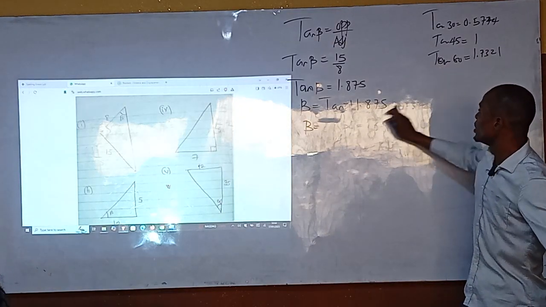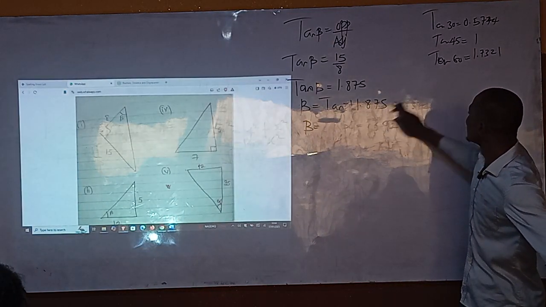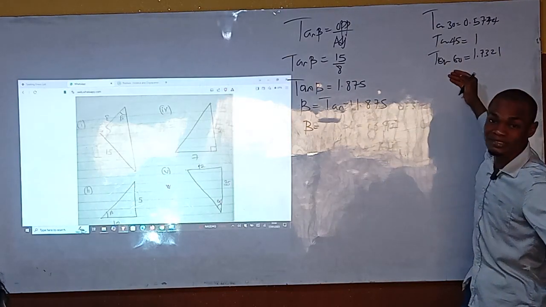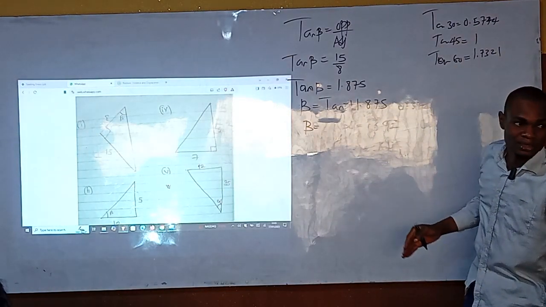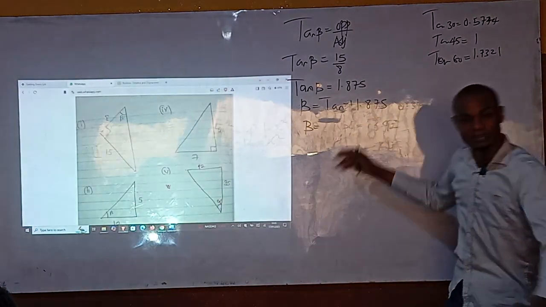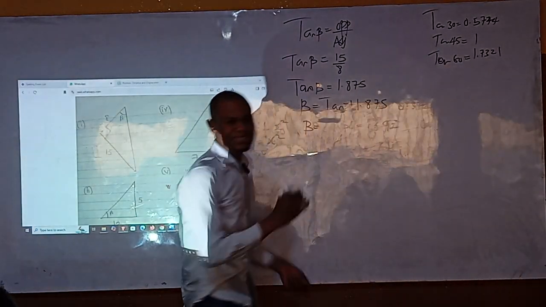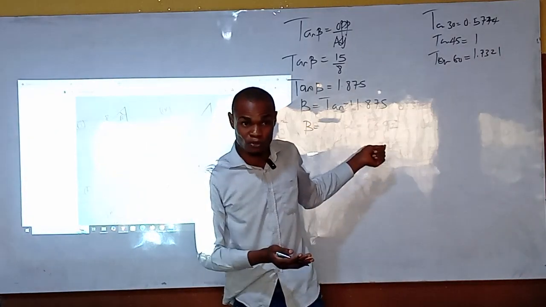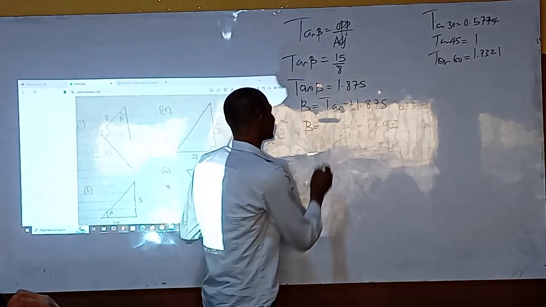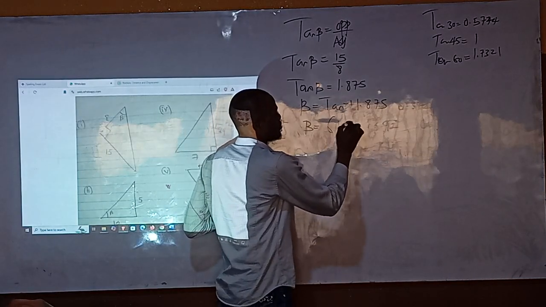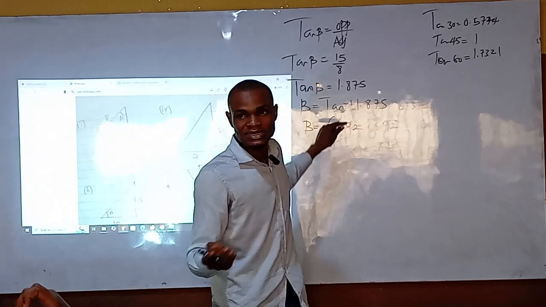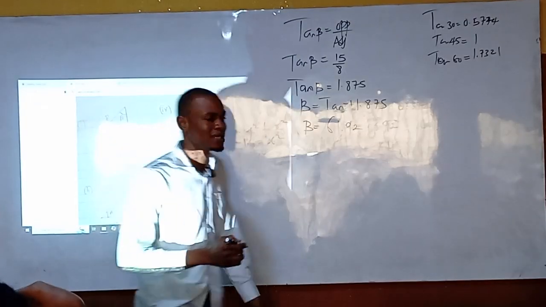As this is increasing, this is also increasing, so your answer will be greater than 60. That's 60 something, so you just pick 61 because your answer will be greater than 60. If you have a calculator, you press that and you get the answer.